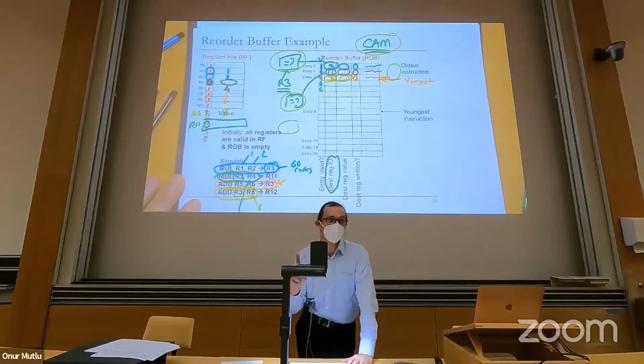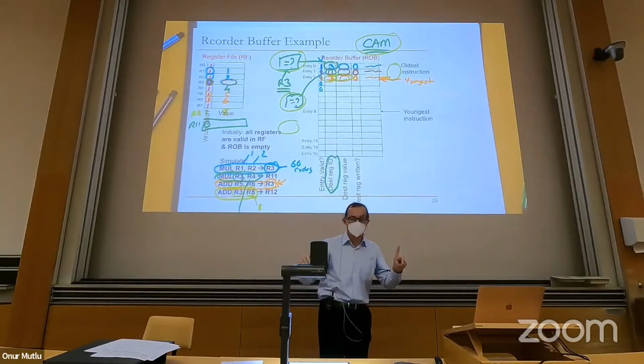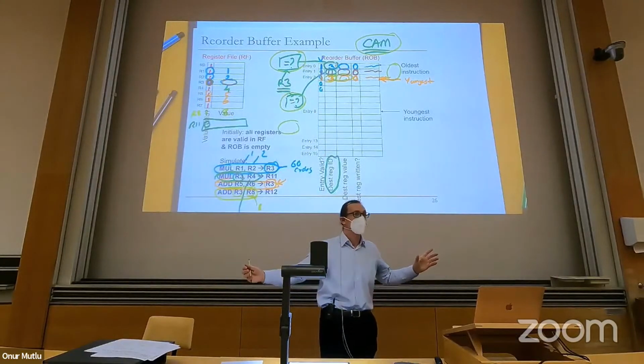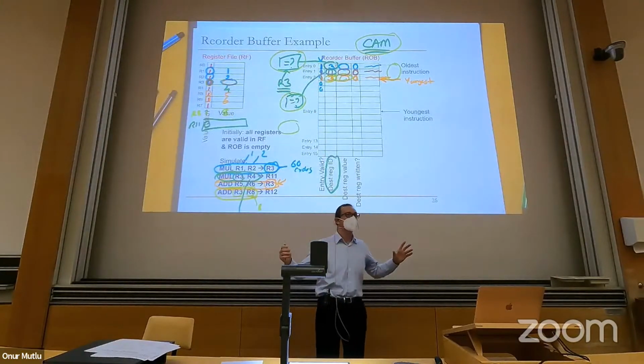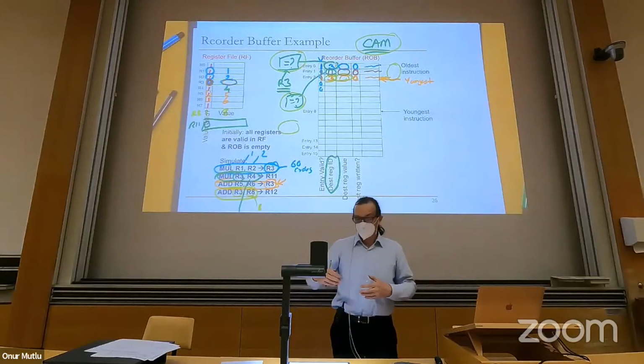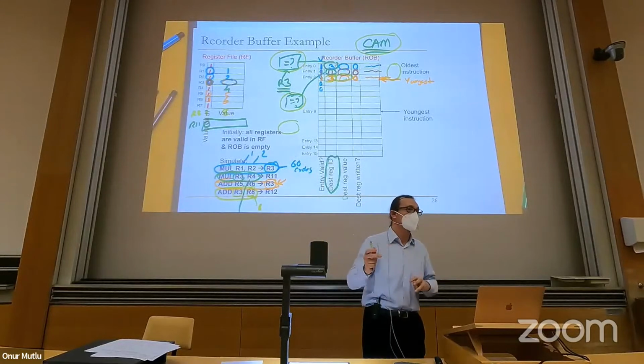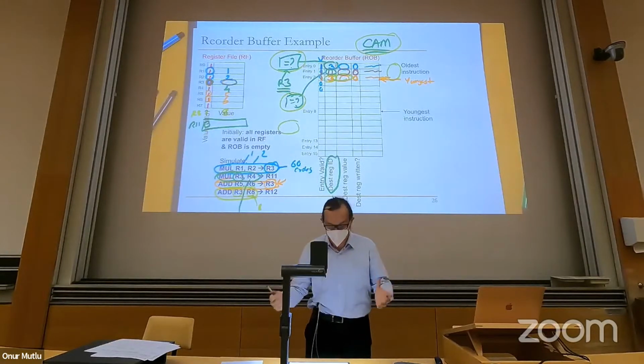It's not just one comparator. You need to do it for both sources because both of your sources may be invalid in the register file. So now you're up to 1,000 comparators, right? So the complexity actually grows linearly with the number of entries in your reorder buffer. And the complexity is not just a simple search, it's actually a prioritized age-based search.